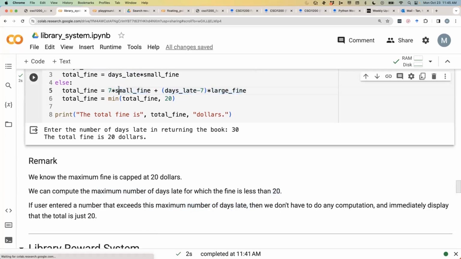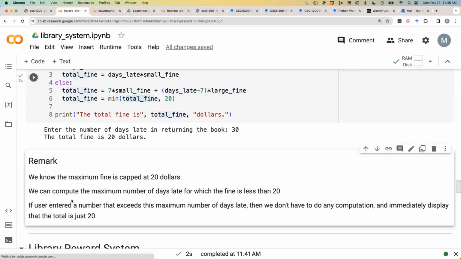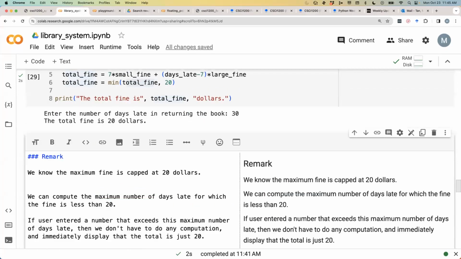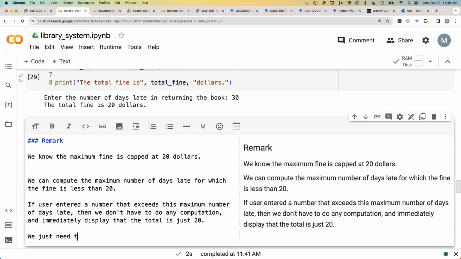You don't have to compute a total fine that is more than 20 and then take the minimum of it. So you can pre-compute this maximum number of days late.